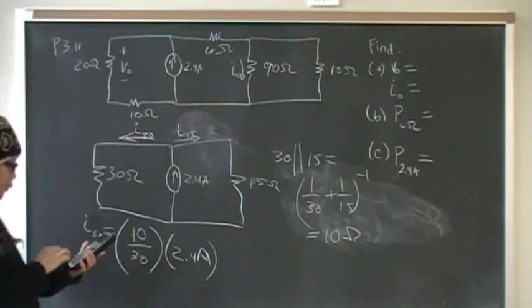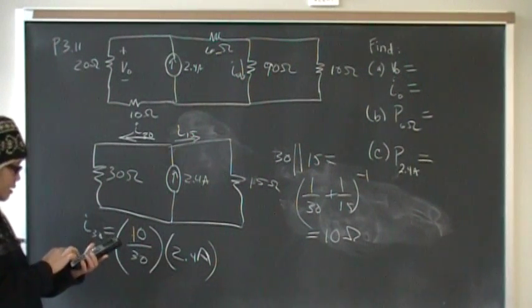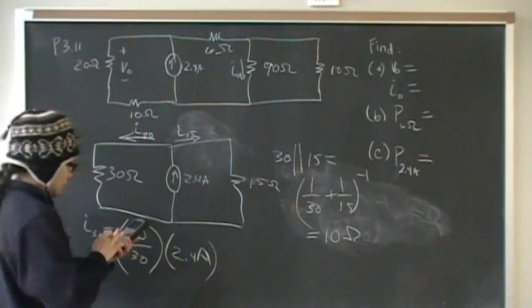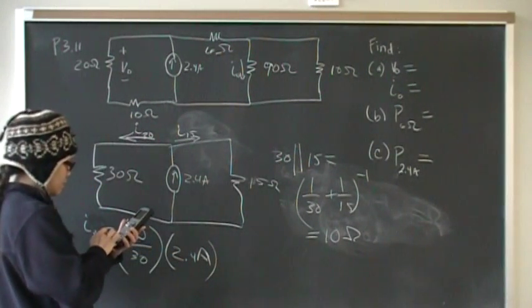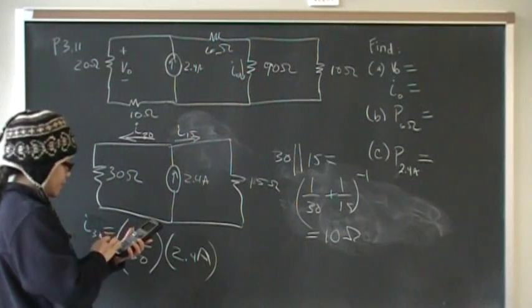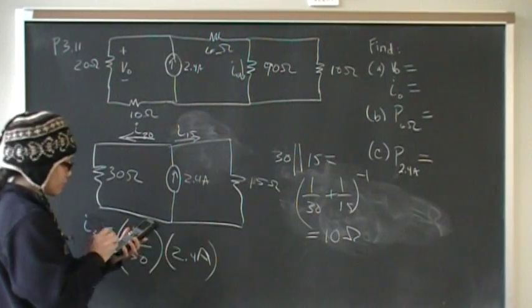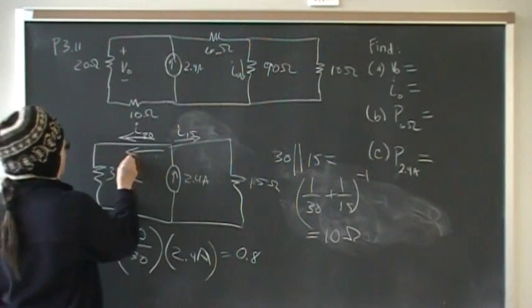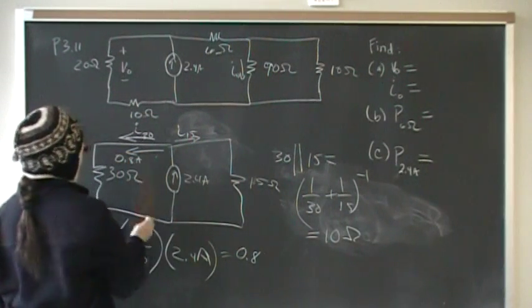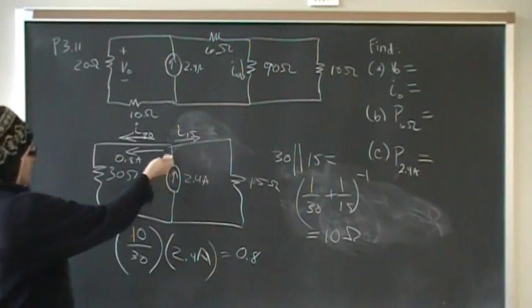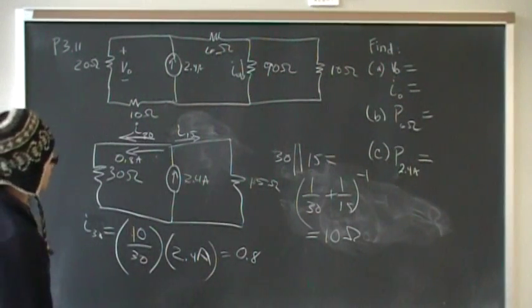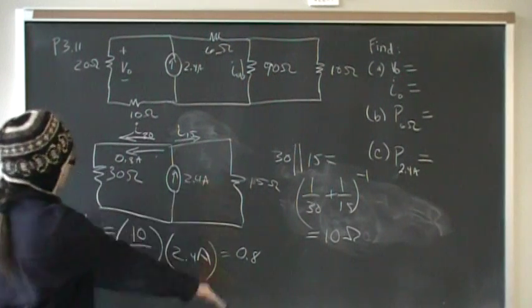So 2.4 times 10 divided by 30 gives me 0.8. So now I know that 0.8 is going this way. At this point I could just use KCL and subtract, and know that 1.6 is going to go in that direction.